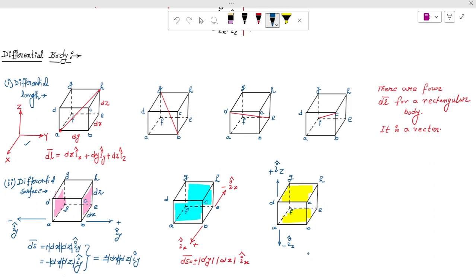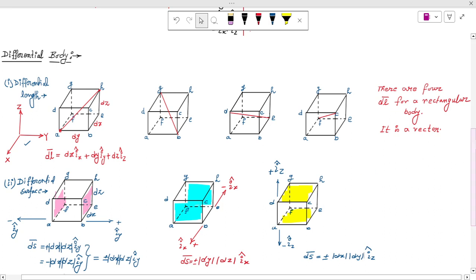And without wasting time, the differential surface will be plus minus dx dy iz. So this way we get three surfaces.